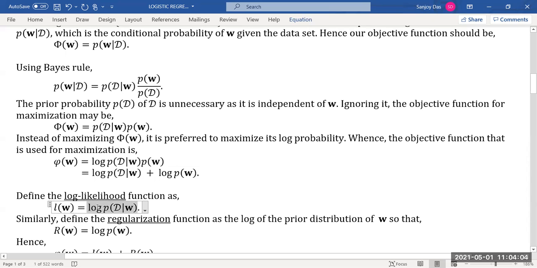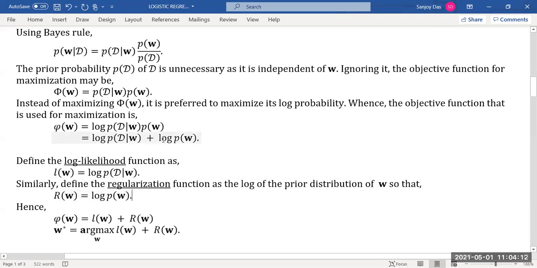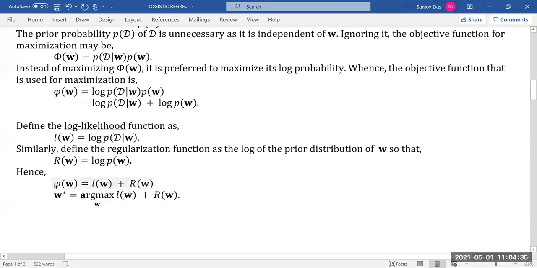L of W equals log P of the data given W. The second term is the log of the prior, the prior probability of W, which is independent of D. We define that as our regularizing term, R of W, which is log P of W, the log of the prior probability of W. Hence our objective function equals the log likelihood plus the regularization.